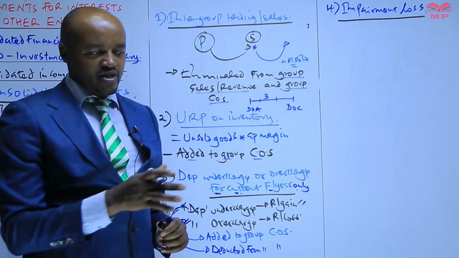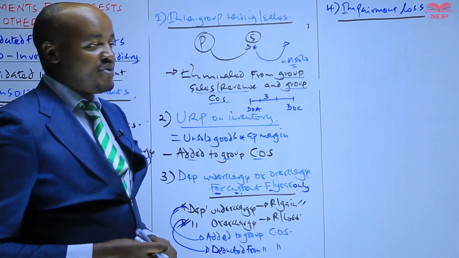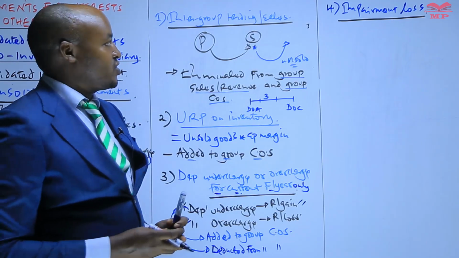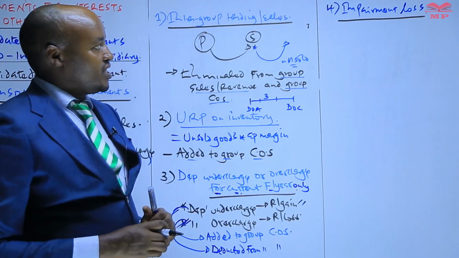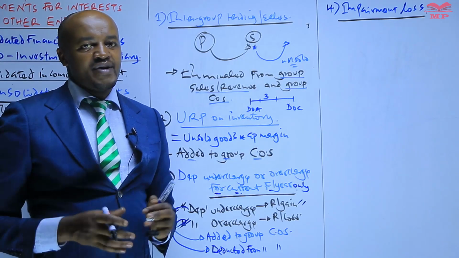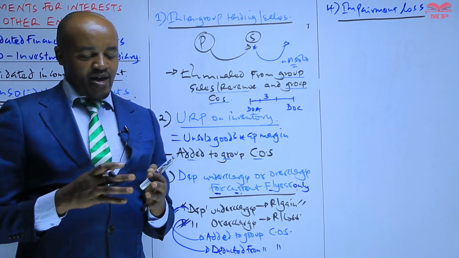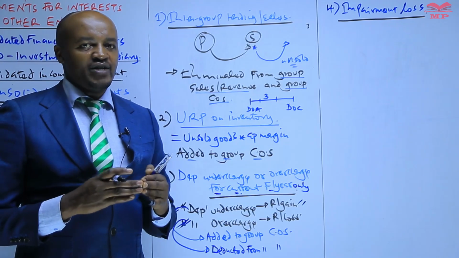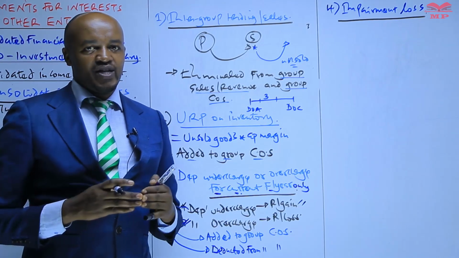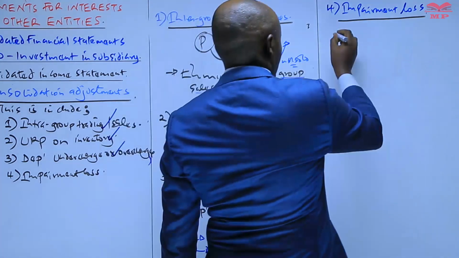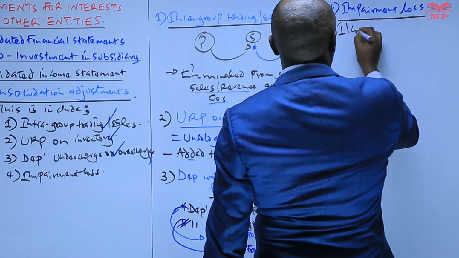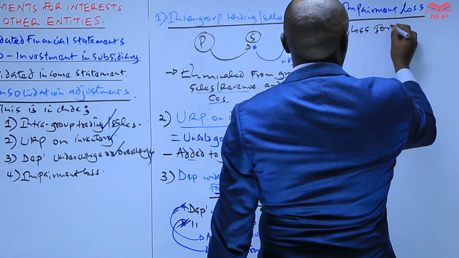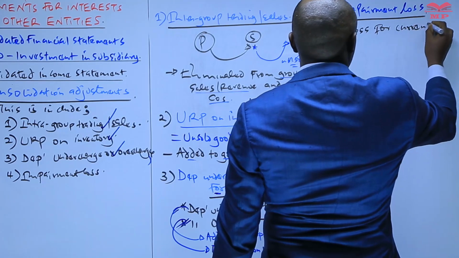Anytime the value of goodwill reduces, we refer to that as impairment loss. So when preparing the consolidated income statement, any impairment loss for the current financial year should be included as part of the administrative expenses.